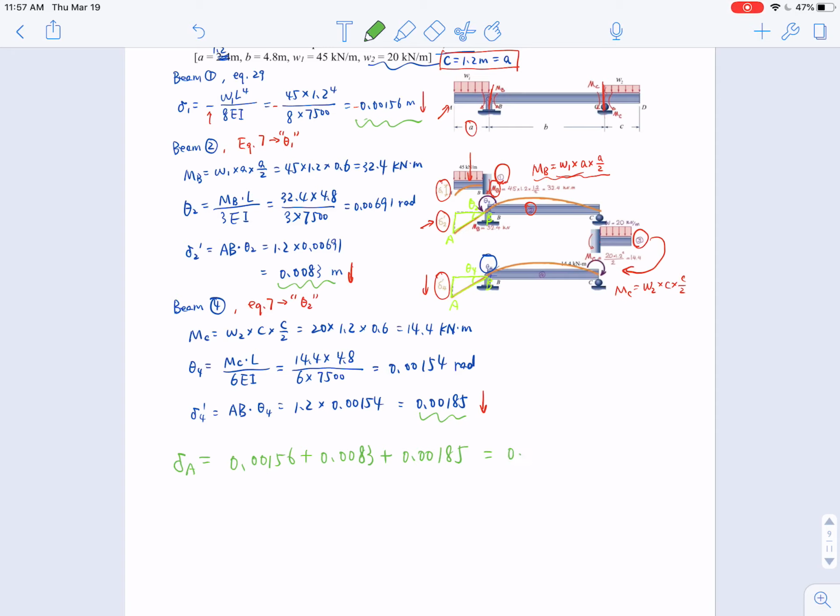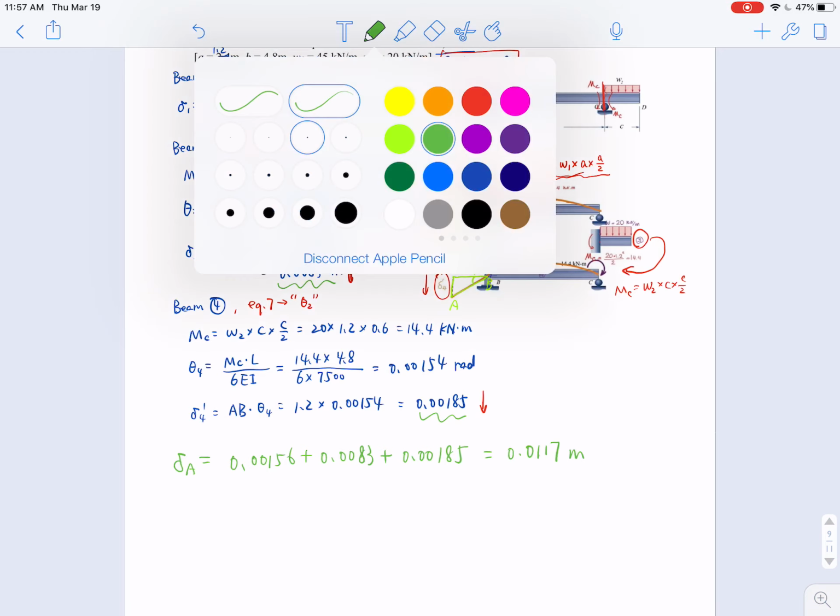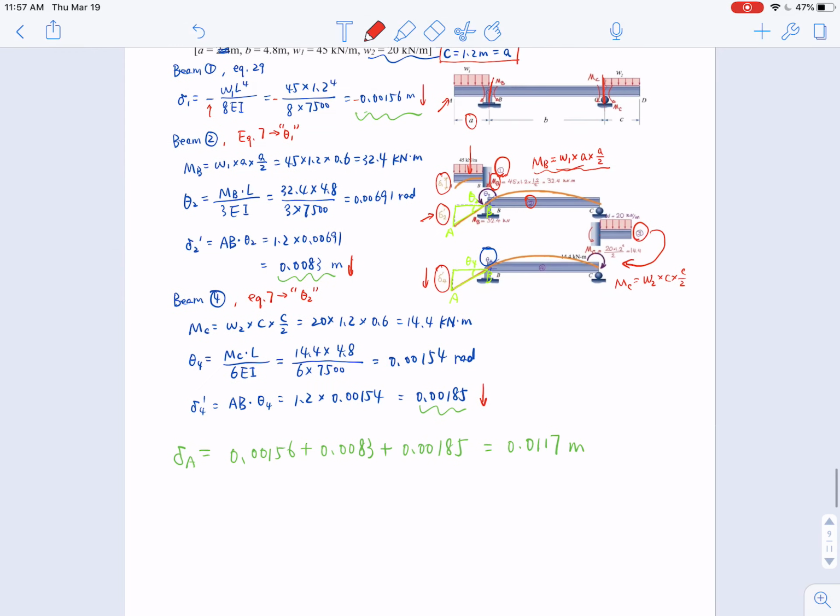Then you have 0.0117 meter. But it's important to note that this is a downward deflection, or actually a negative deflection, since all of them are downward components.